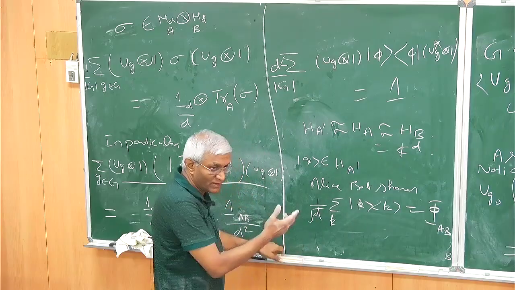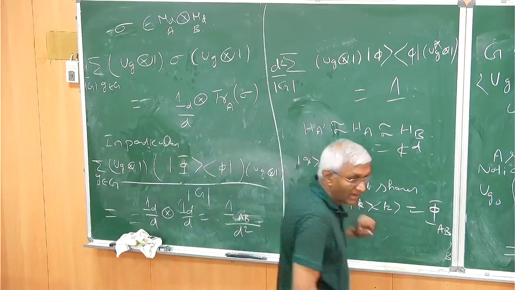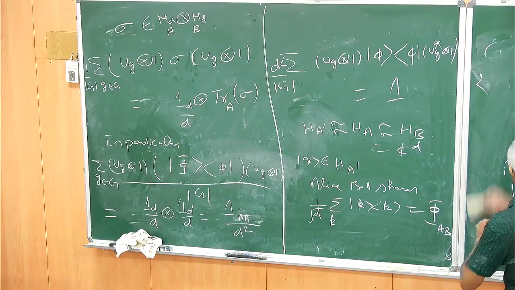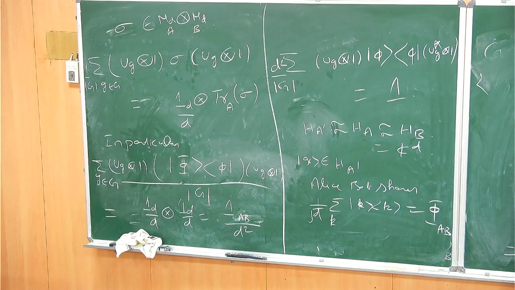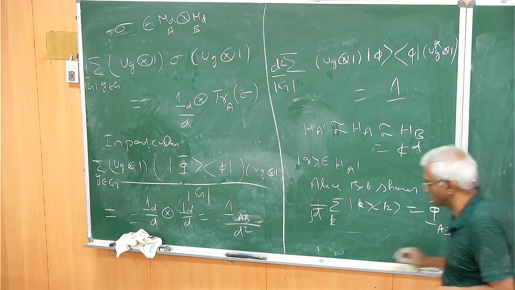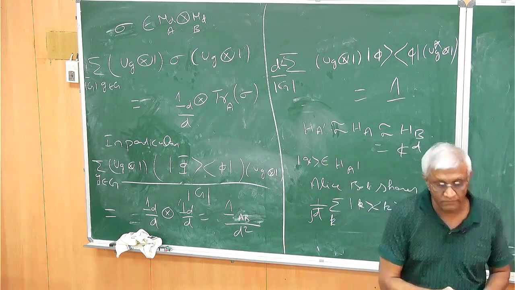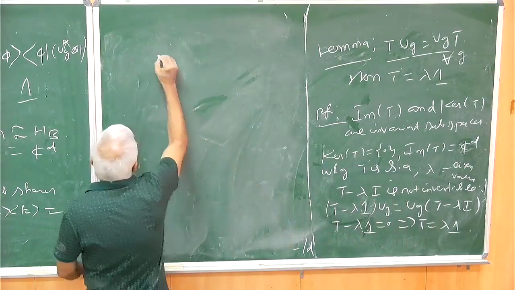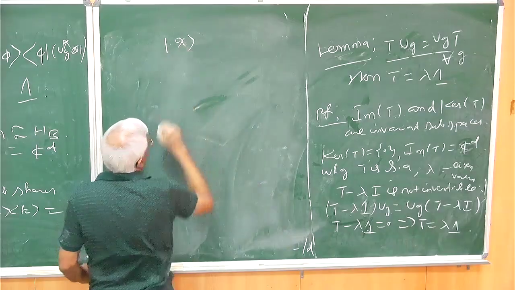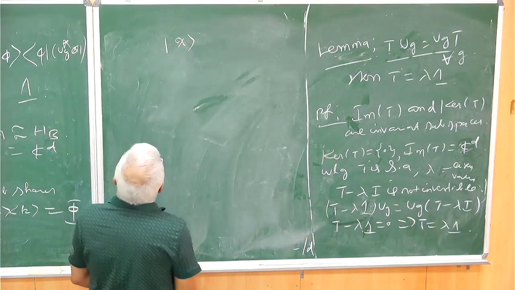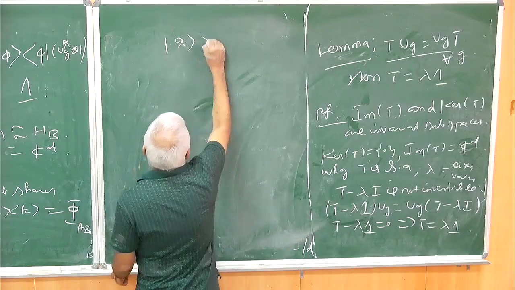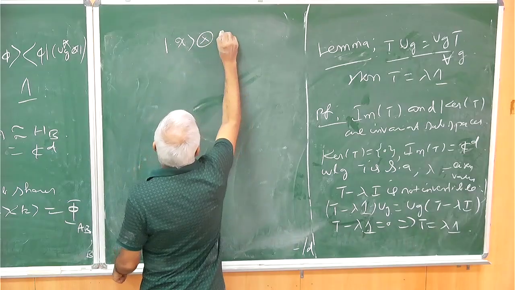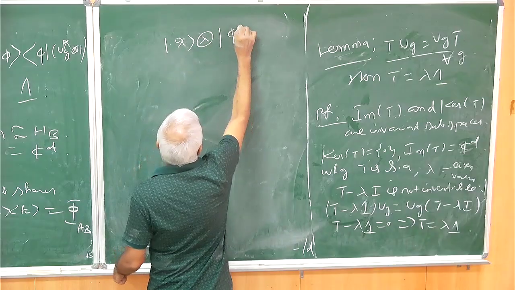We do the computation, which will be more or less the same idea that I have used. So Alice has the state chi, and that state is appended to this state phi.